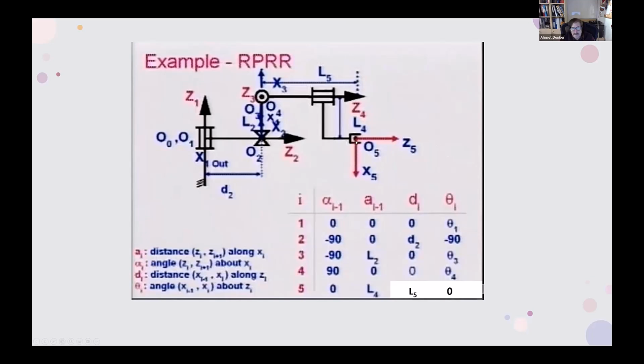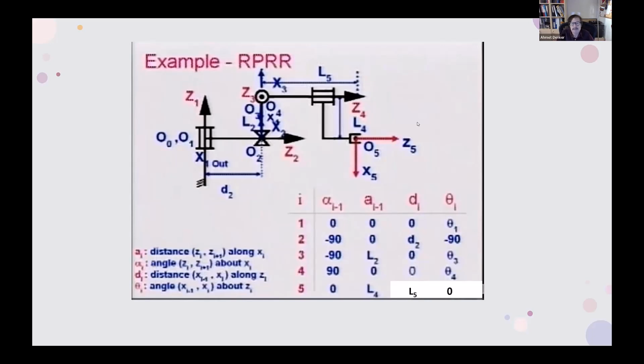So between the origins, there is a distance of L5. So we put L5 here. Okay, and at the fifth joint, there is no revolute joint, so theta here is also going to be 0. So this is the table that we have obtained.